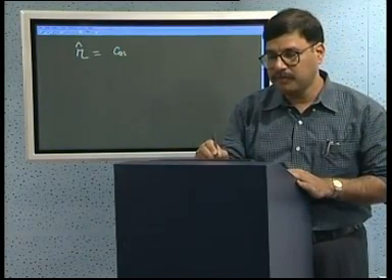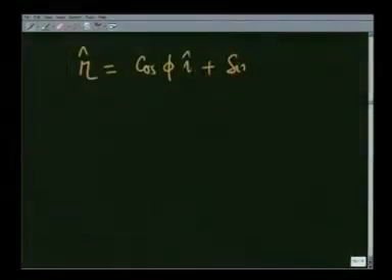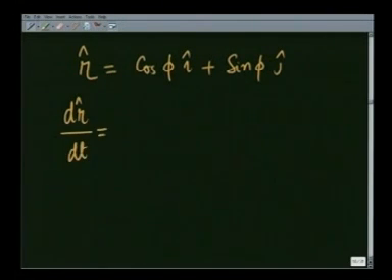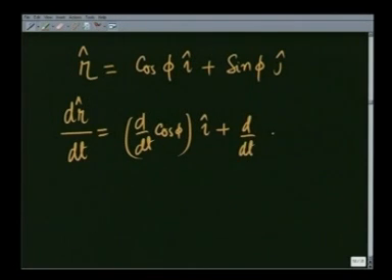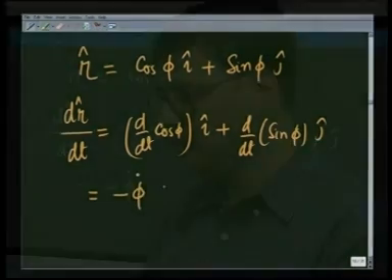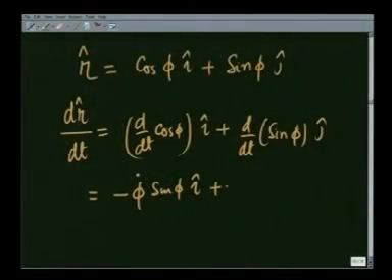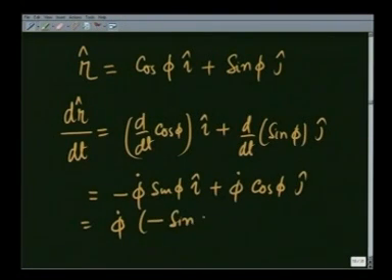Recall from an earlier slide that the unit vector r was written as cosine of phi i plus sine of phi j, and therefore, the rate of change of the unit vector, dr dt, is going to be equal to d over dt of cosine of phi i, where the i unit vector is a fixed unit vector, so it is constant, plus d over dt of sine of phi j, and this comes out to be minus phi dot sine of phi i plus phi dot cosine of phi j, which is equal to phi dot times minus sine phi i plus cosine phi j, which is phi dot times the unit vector phi.